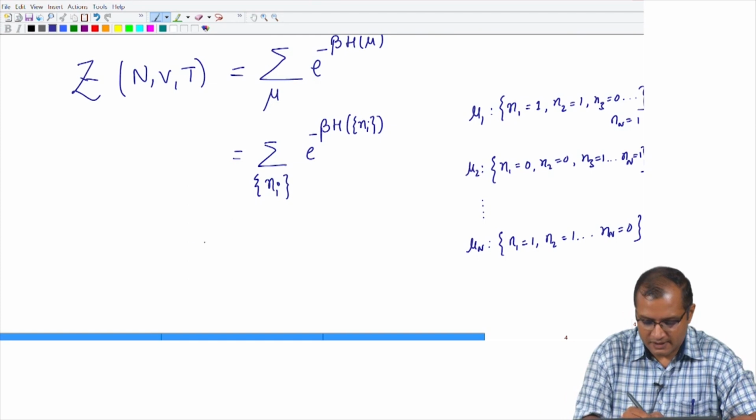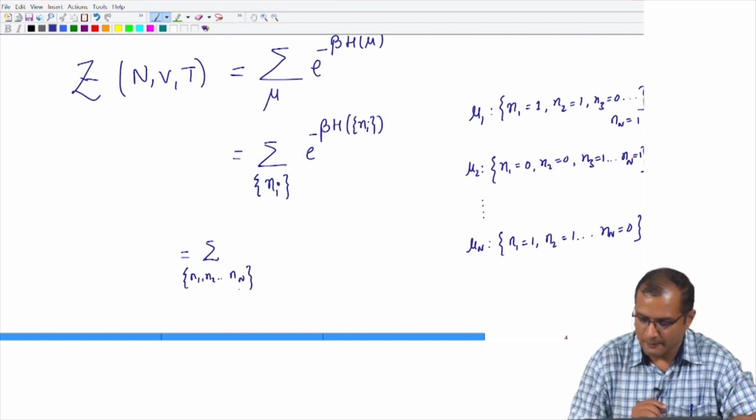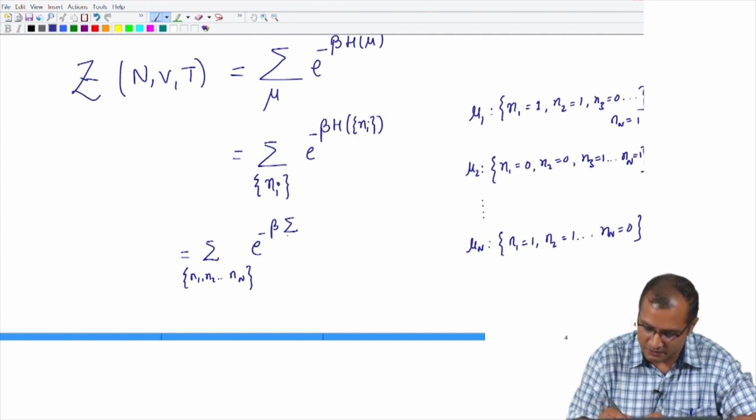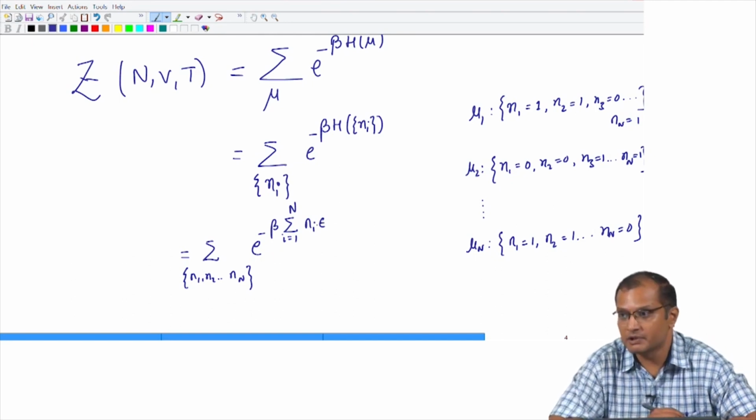So, I can write down this summation as summation over all possible values of n1, n2 up to nN of e raised to minus beta times the Hamiltonian. Now, the Hamiltonian for the specified values of excitations is nothing but summation i going from 1 to N of n_i epsilon.